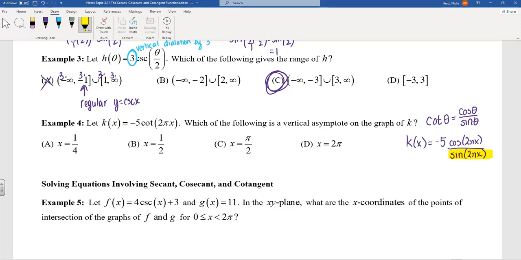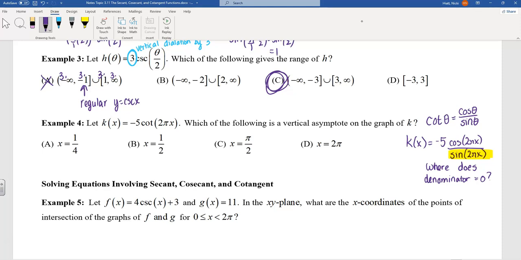So all you really care about is where does the denominator equal 0, right? Because the numerator can be 0. That's fine. 0 over a number is okay. But a number over 0, no way. We can't do that.